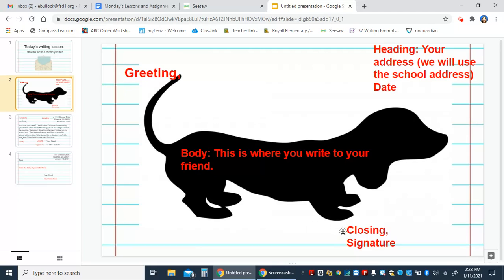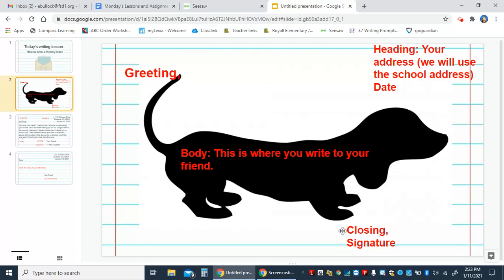When I'm finished saying what I would like to say to my friend, I do what's called a closing. And if you notice, it's down here on the right side of our page again, isn't it? Normally we go all the way to the end and return sweep and start writing on the left side. Well, for your closing, you go over to the right side of your screen again.